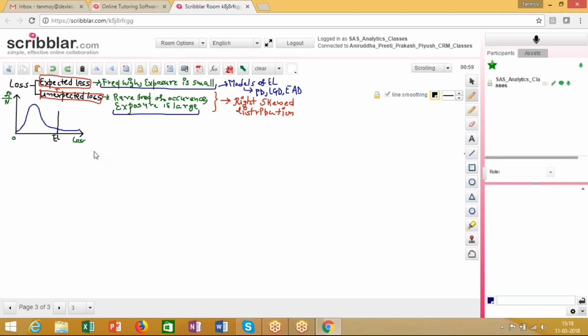This is the expected loss, right? And this expected loss is covered up by the provisions.